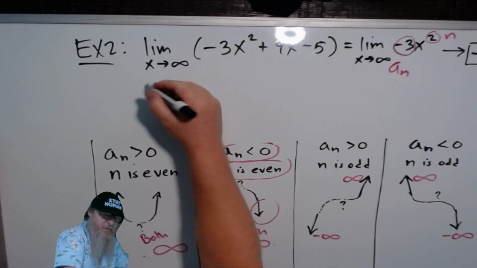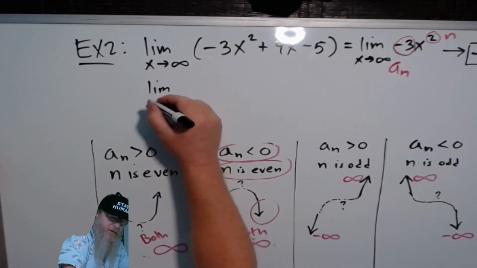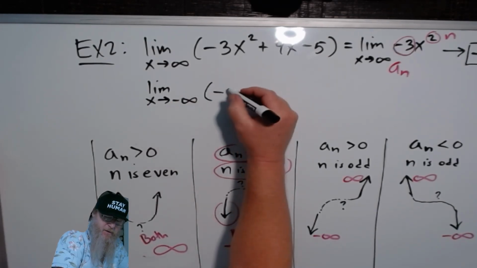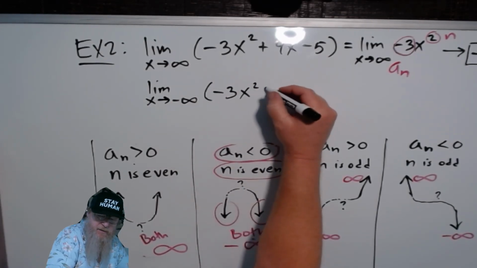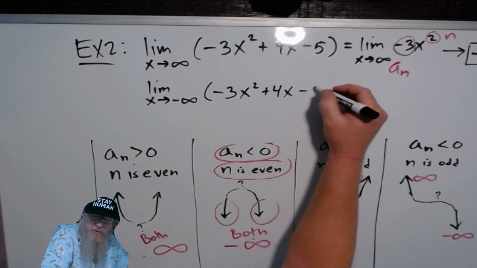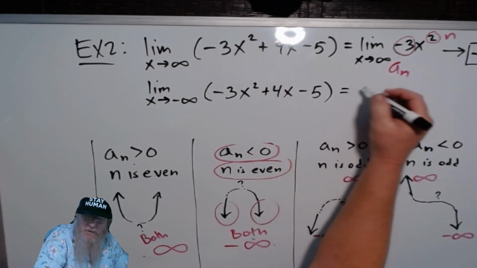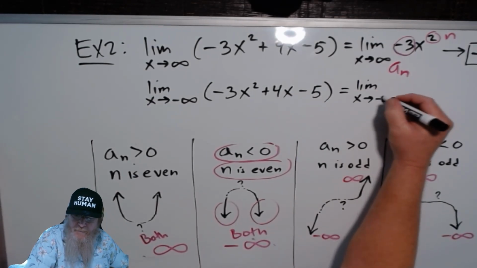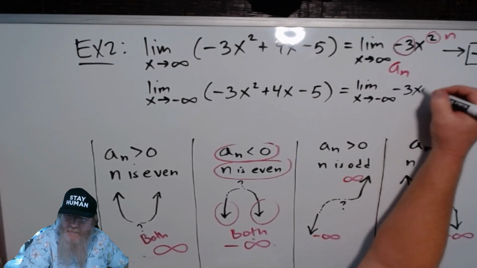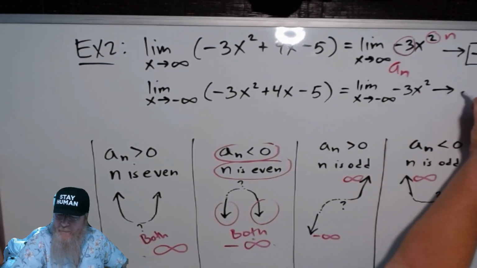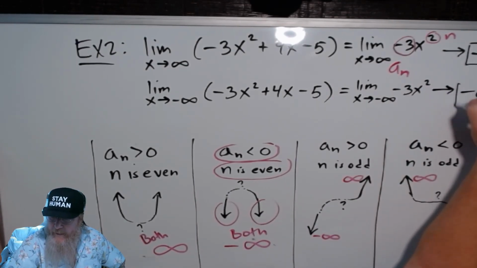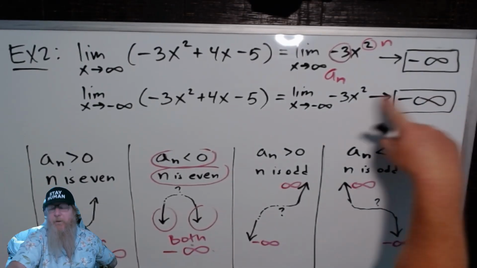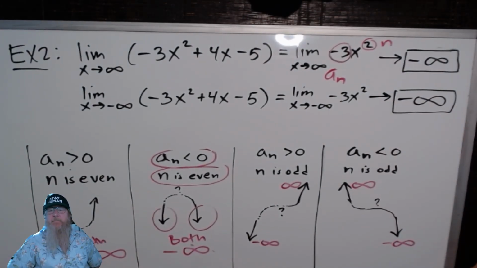If you're looking for some easy homework this week, this is going to be your time to just knock out some points without really doing a whole lot of busy work. So both of these limits will approach negative infinity.